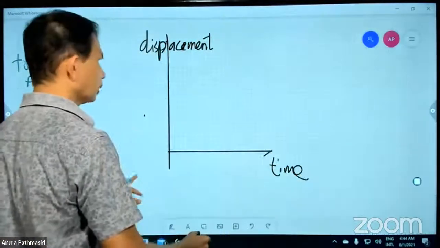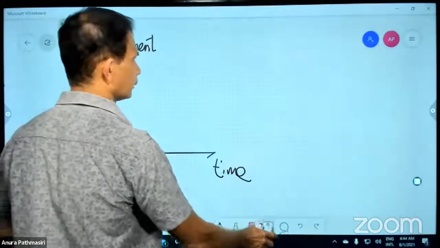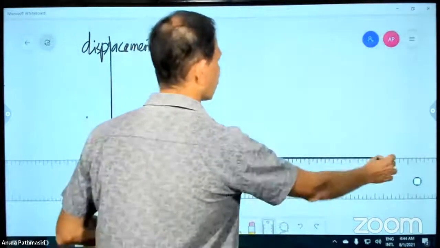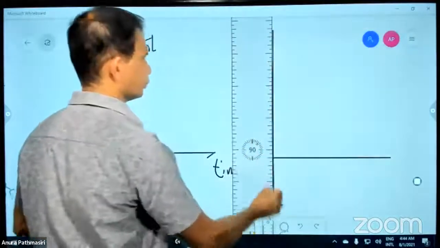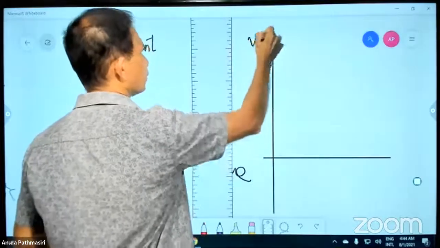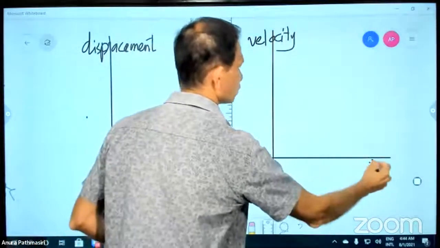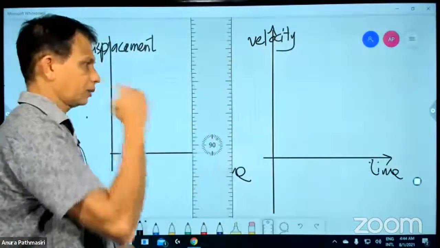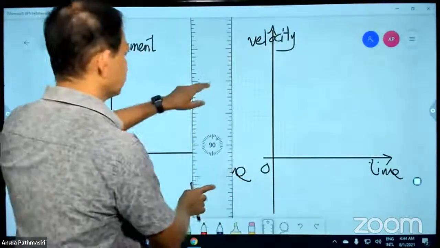At the same time you can have the velocity time graph as well. This is velocity, and this is time. Velocity time graph and displacement time graph.